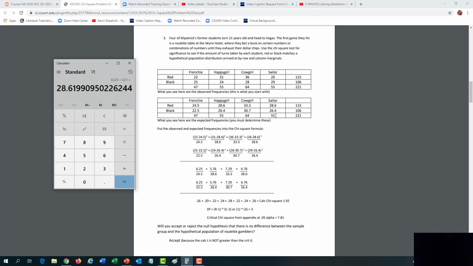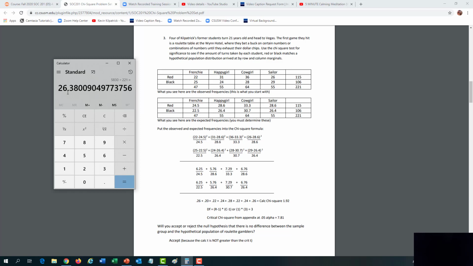Okay, let's look at the bottom cell for Sailor, right? My expected frequency here is 26.4. Now, how I got that was I multiply 55 times 106 and get that result, and then divide that by 221.